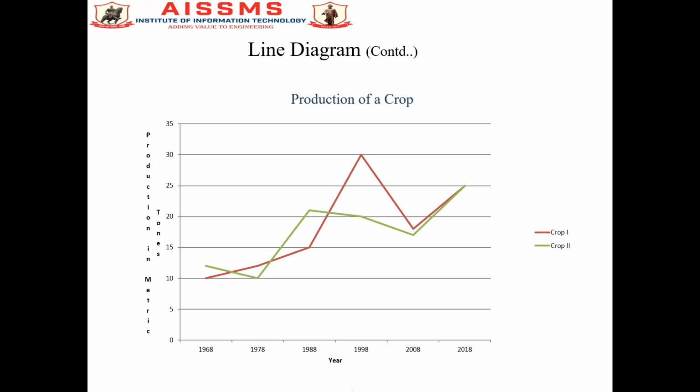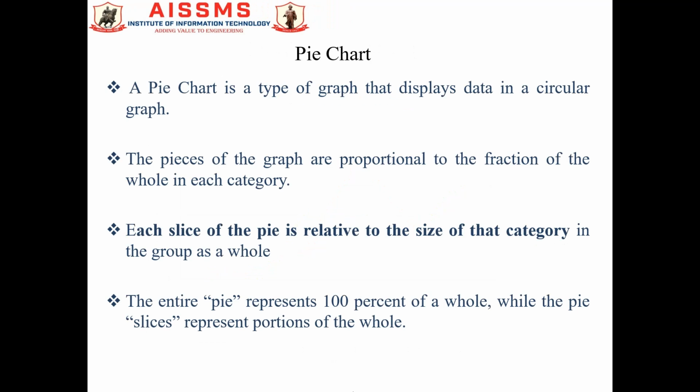We can observe that there is a sudden change of production in the year 1998 for crop 1. Okay. So similarly, we can interpret many information from the line diagram also.